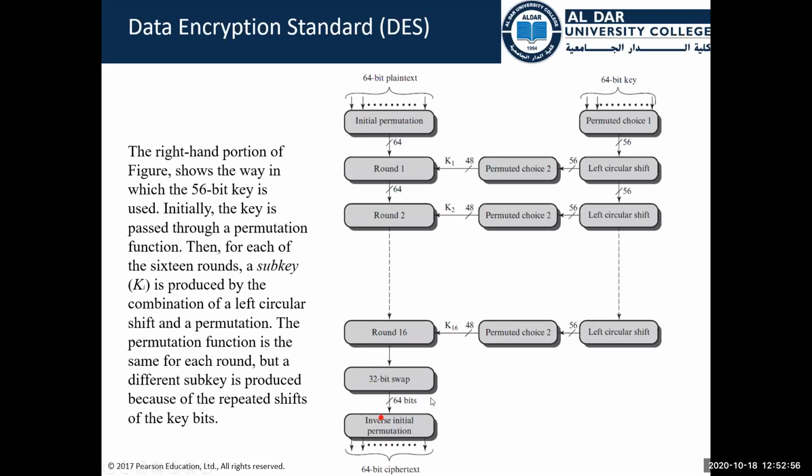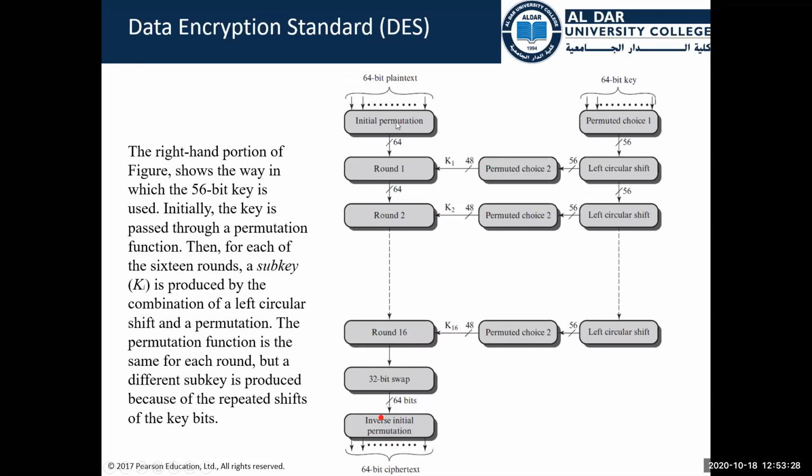Then we have the swapping, done exactly as in the Feistel cipher. The 64 bits are divided into two parts, each of 32 bits, and we swap these two parts. Then we apply the inverse initial permutation.